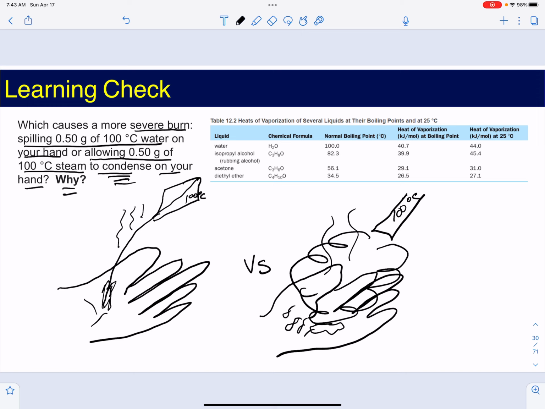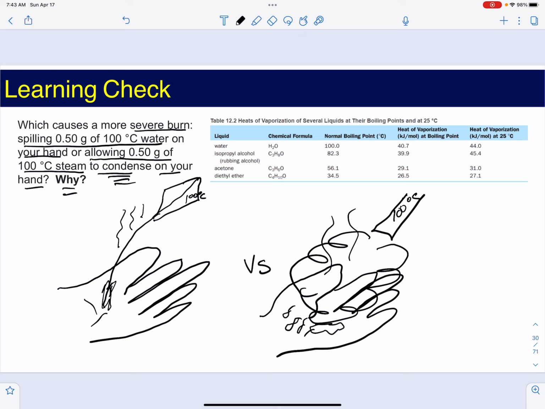Because if energy is released into your hands, then the molecules of your hands will start moving faster, and that will start destroying your skin, your proteins, your DNA, anything there. Basically, you're getting a high degree of burning condition. So which one will be worse? Hot water or steam?